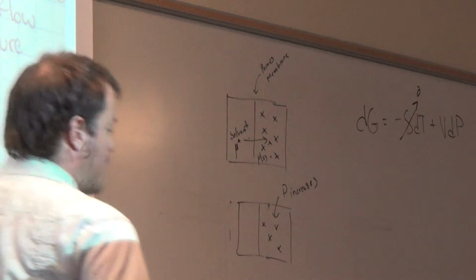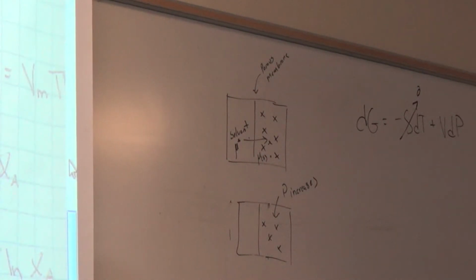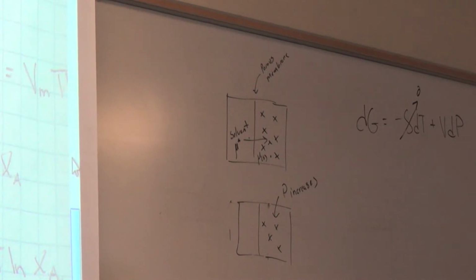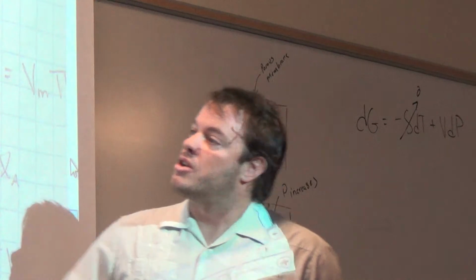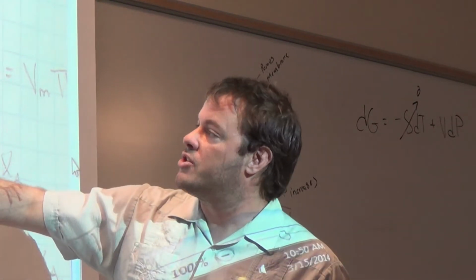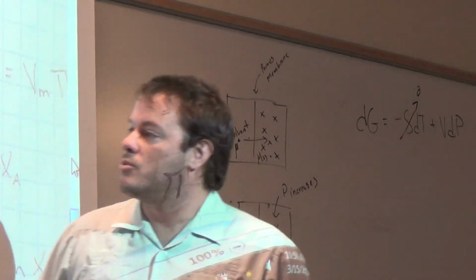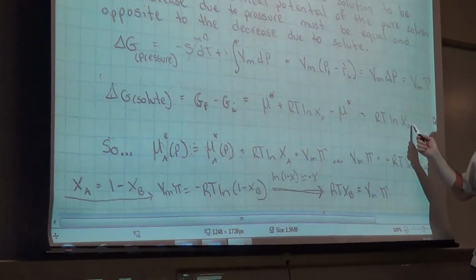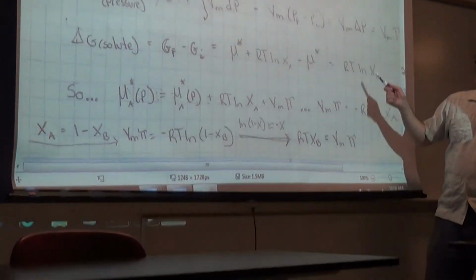Let's look at the way this looks mathematically. I've broken this apart into two steps. One is what is the delta G of the pressure, and the other is what is the delta G of adding the thing into solution. We said that the delta G for adding it into solution is RT natural log of XA.